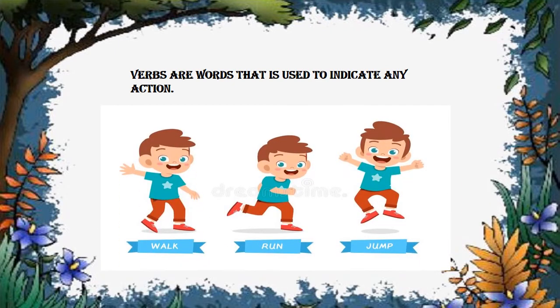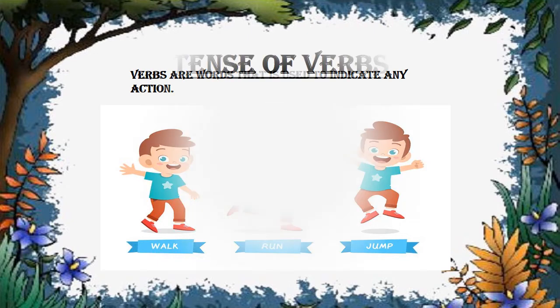Examples are run, jump, eat, write, walk, bath, brush, whatever may be the action, dear children, or the state of action. A word that refers to any kind of action is called a verb. This you already know, isn't it?